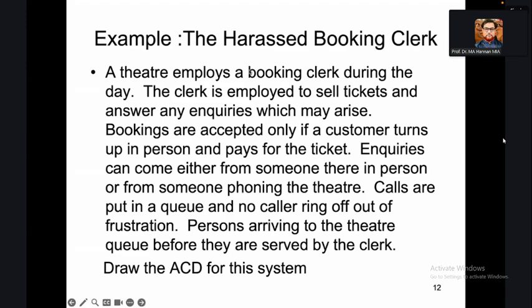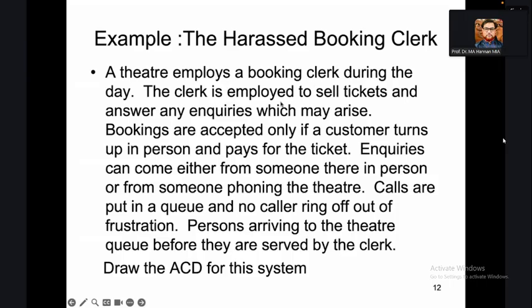So the person himself or herself, the booking clerk, is very important here. If we talk about the system in this theater, how the theater starts, the booking clerk is the first entity.